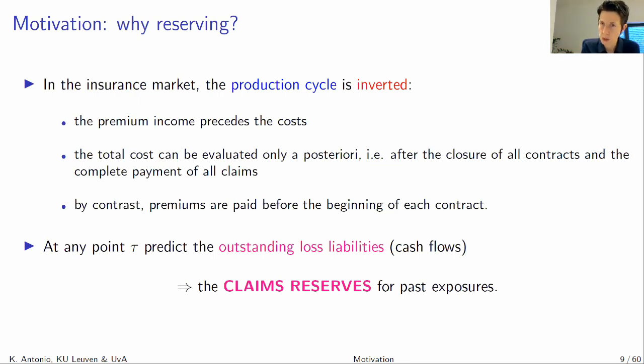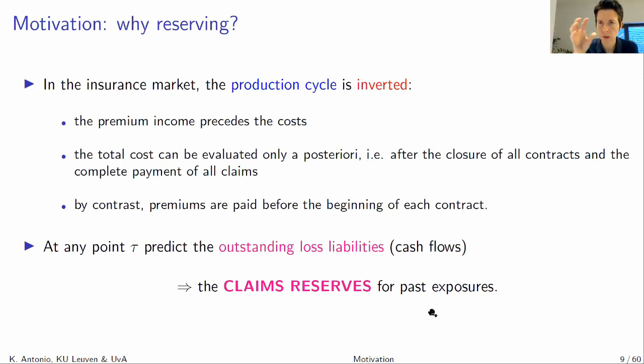These are the promises I made in the past about what I would do as an insurance company in case this event that comes with a certain financial loss would happen to my clients. Then I made the promise that I would compensate them for their financial loss. So I need to hold this reserve for past exposures such that I'm able to fulfill my promise in the future. So this is very important.